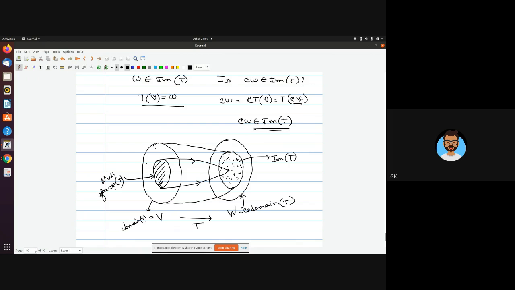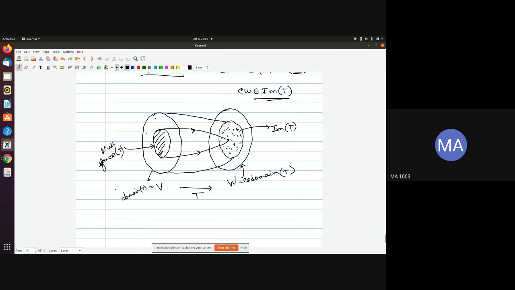When T is 1 to 1, I have said that the null space will be just 0. This is a singleton set, only 0 will be there. Now, when T is onto, what was the definition? The image and codomain should be equal, right? Image means range. Image and range are the same thing.